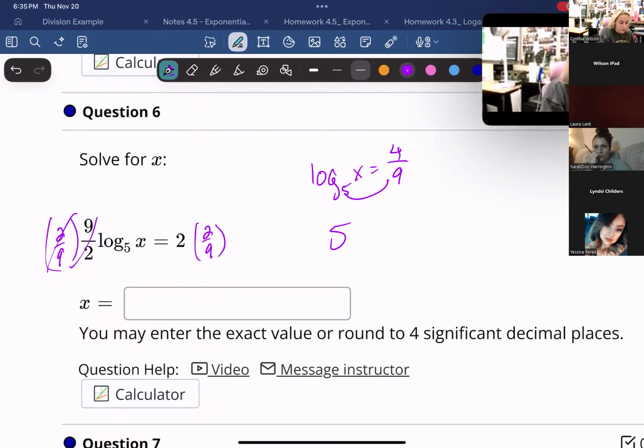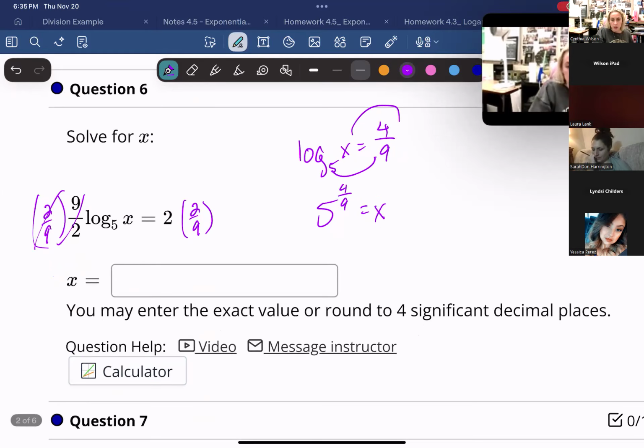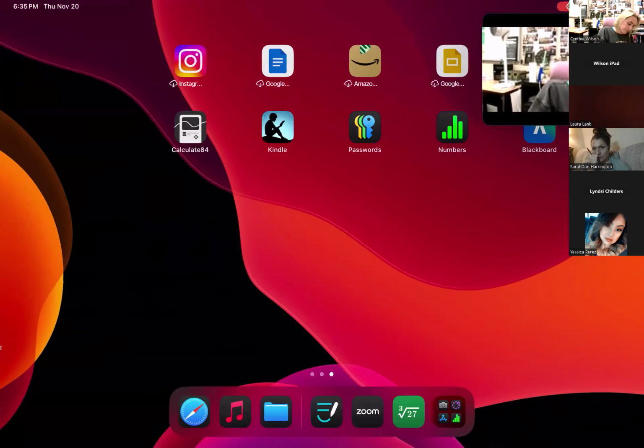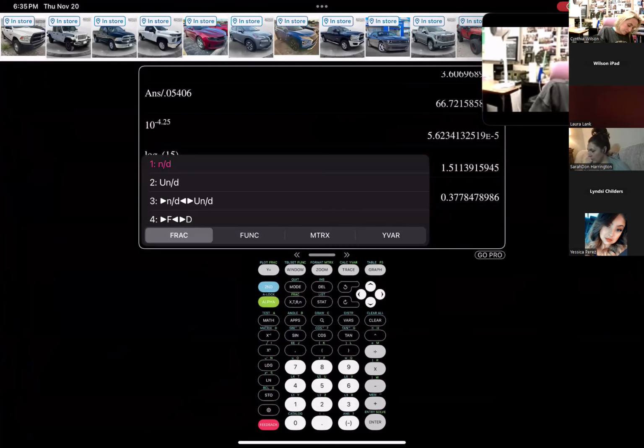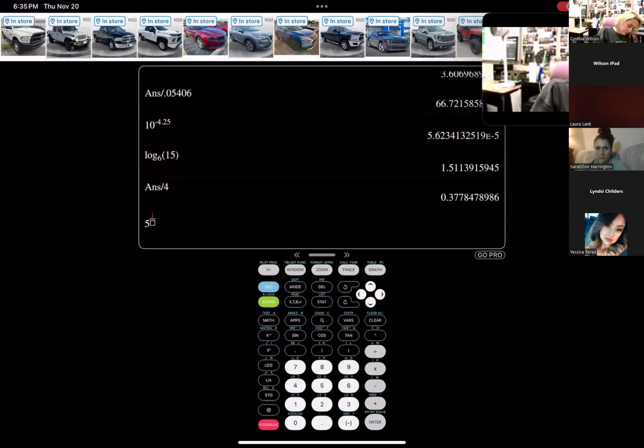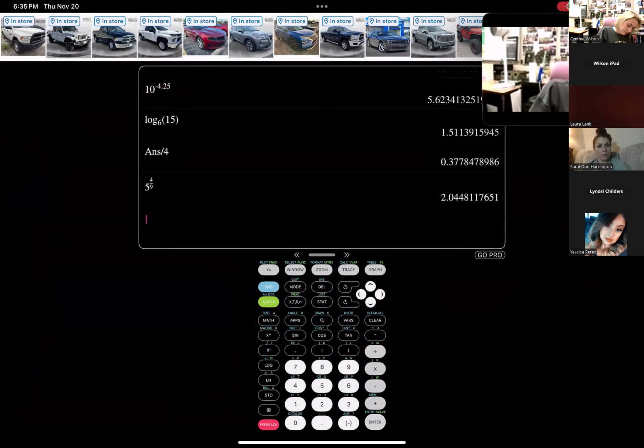Then you loop around to the 4/9, and you loop back around to the x. All right, so 4 decimal places. I'm going to put this in the calculator. So 4 decimal places, make that 2.0448.